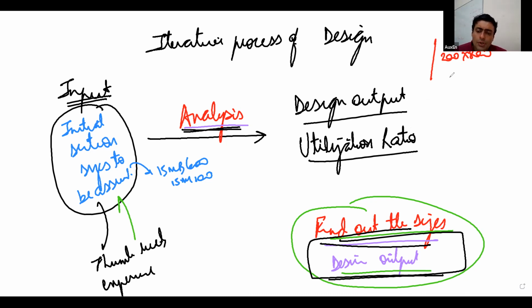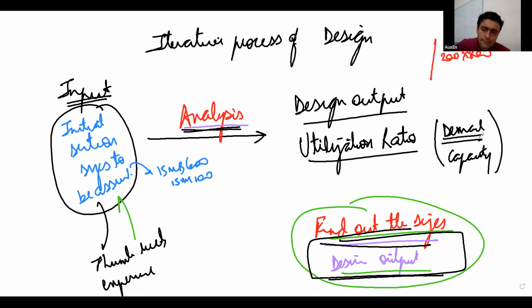Utilization ratio means that out of the available capacity, how much of the capacity has been utilized. So you can say it's a ratio of demand upon capacity. Demand means how much of forces, moments, shears, whatever is coming on your member and how much it can take.